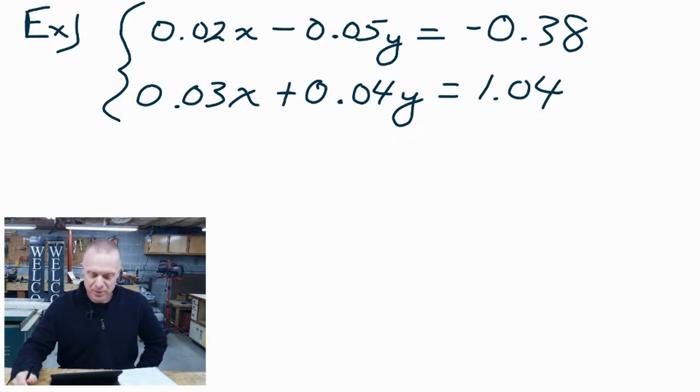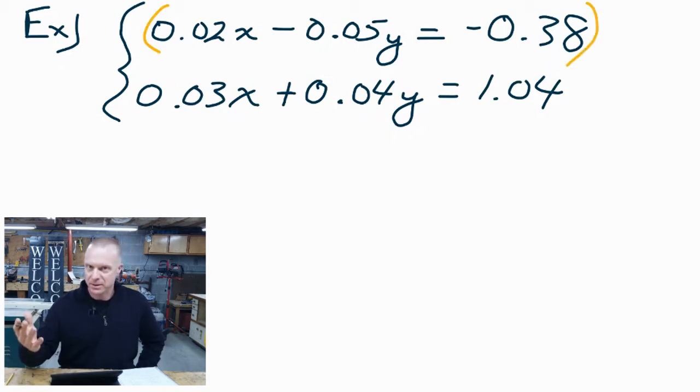We've got 0.2x minus 0.5y equals negative 0.38. And then we have 0.03x plus 0.04y equals 1.04. Okay, now I'll say here that although this system looks like a bunch of decimals, it's really just decimals in disguise.